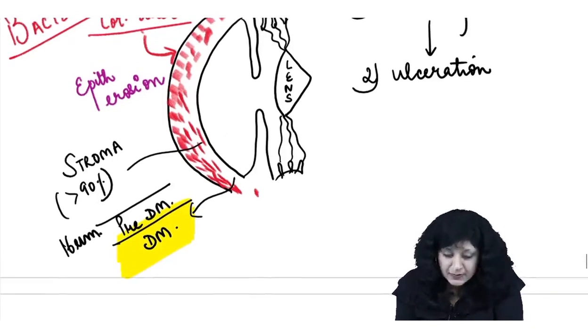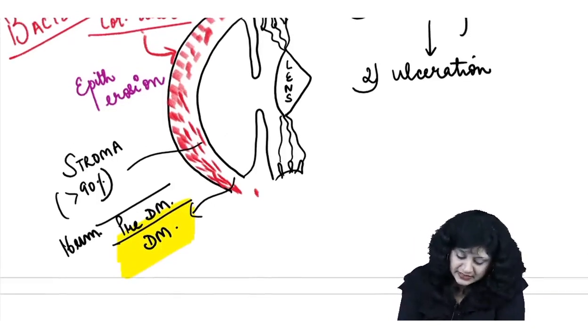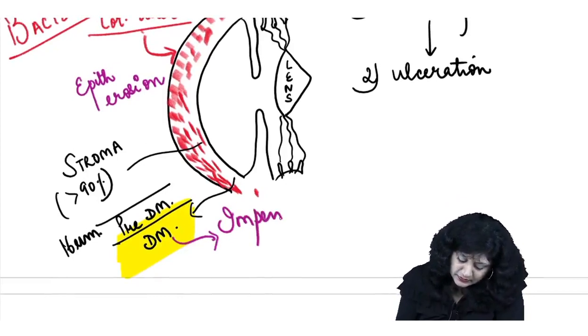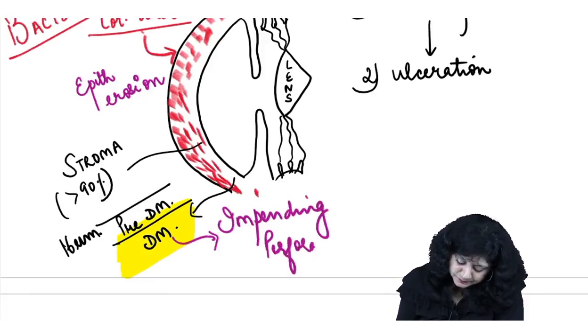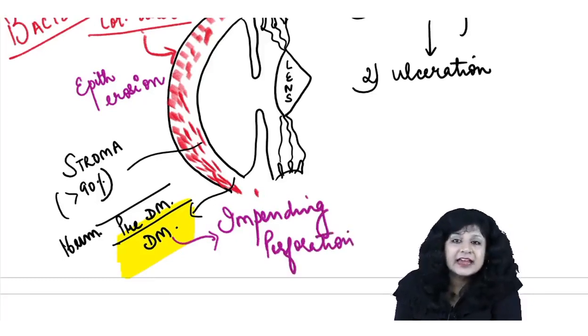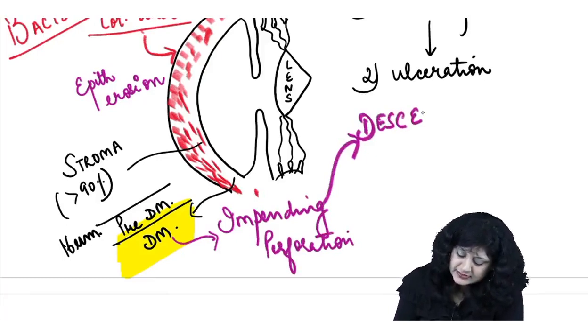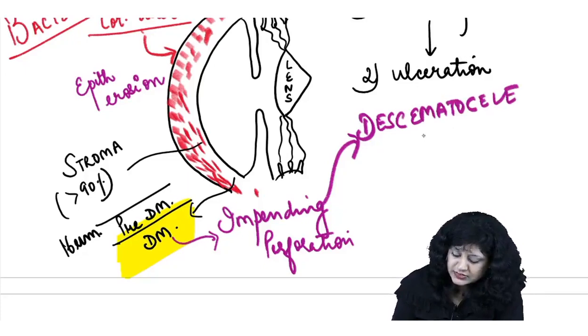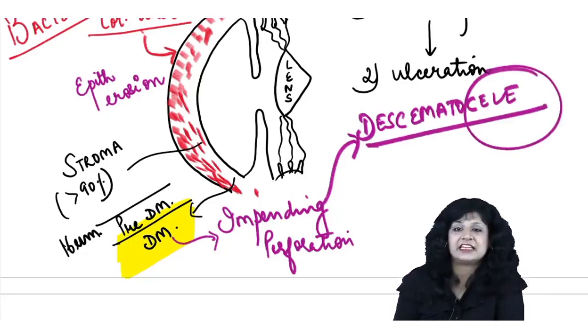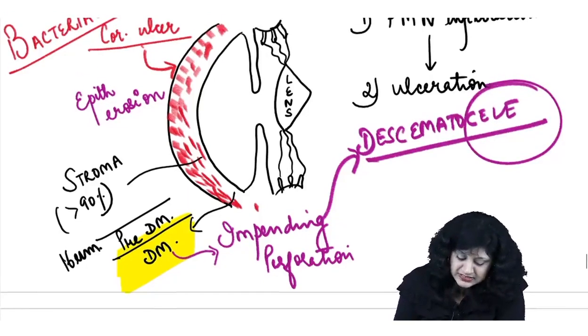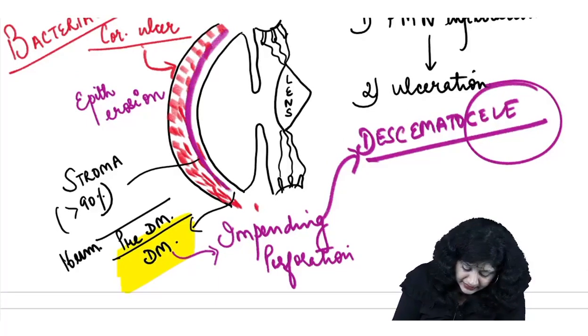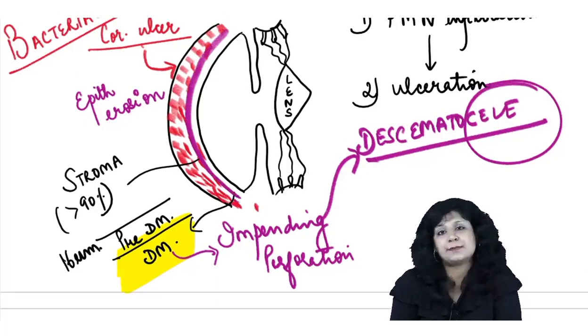This Descemet's membrane has that property that it can actually stop the impending perforation. How can it take place? Due to the formation of the descemetocele. Cele means cavity, herniating. So this layer can be herniating here. It can be stopping the perforation.